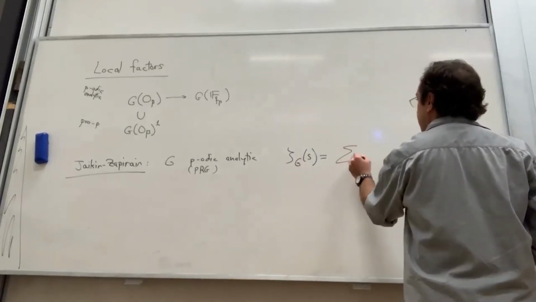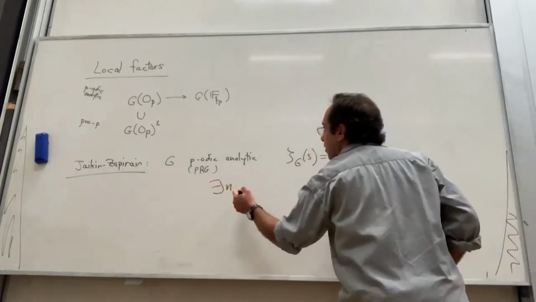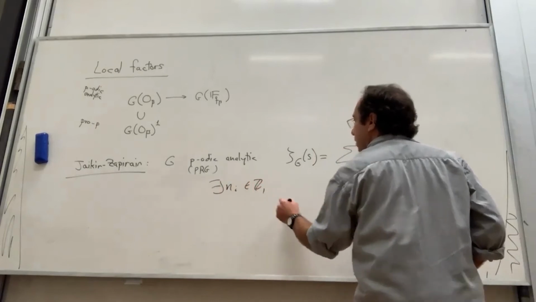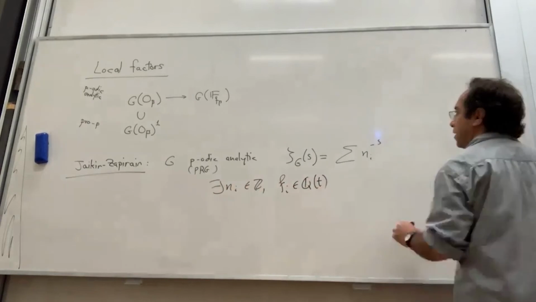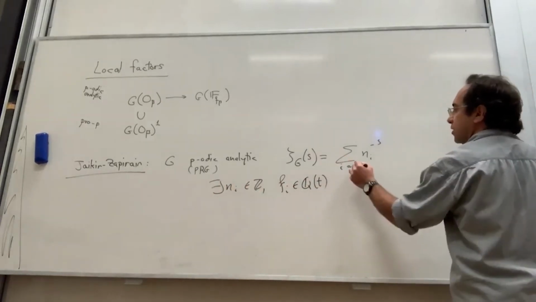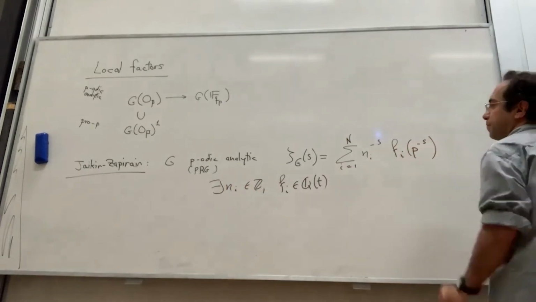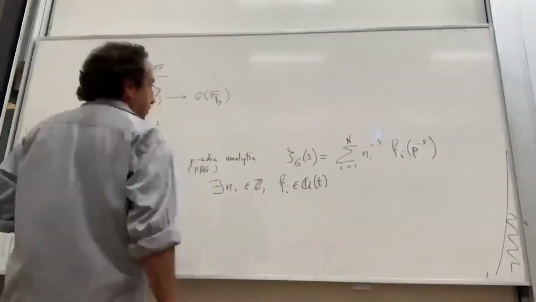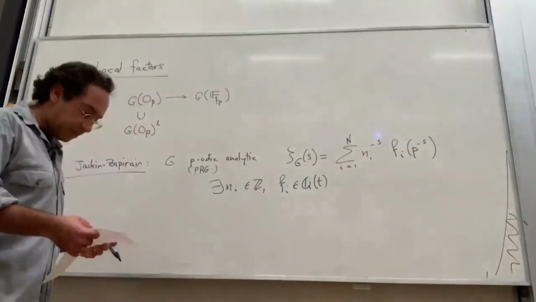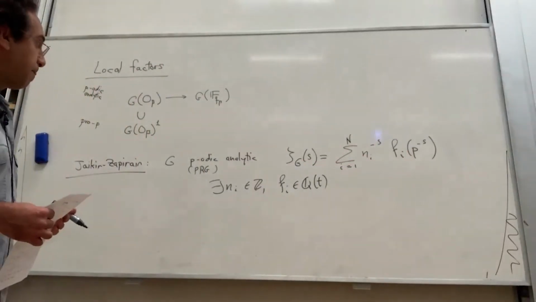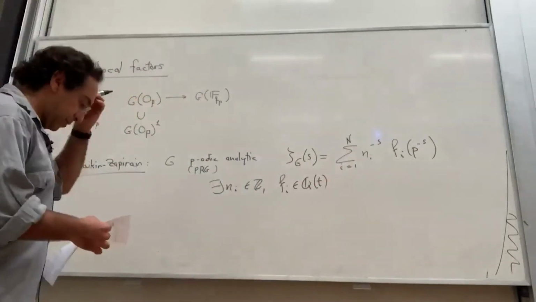So there are integers and rational functions such that the zeta function is a sum of finitely many rational functions. Let me tell you a little bit about the proof of this theorem.